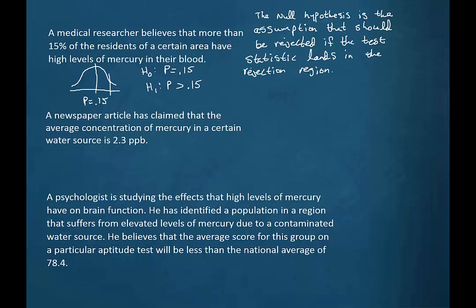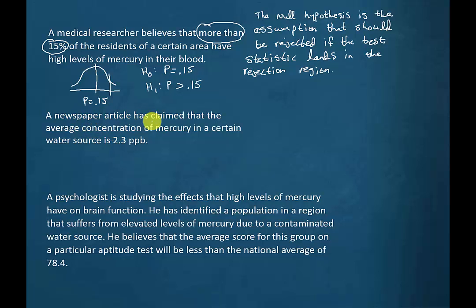The key here is the wording: this researcher believes that more than 15%. If we're going to conclude that more than 15% have this characteristic using a sample, then that sample would have to show that it is significantly greater than 15% in order for us to reject that the population proportion is 15%.